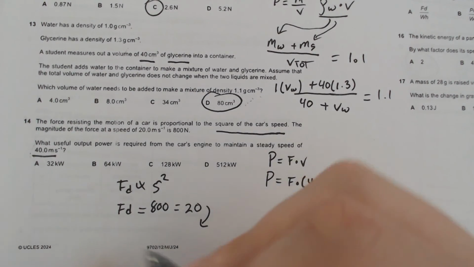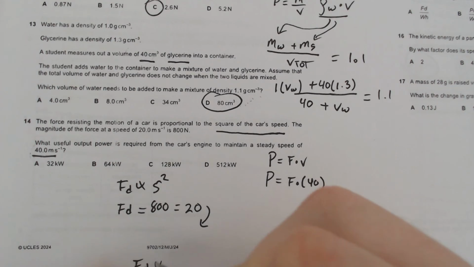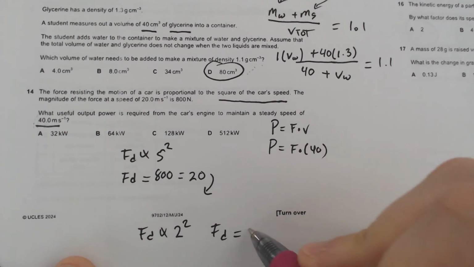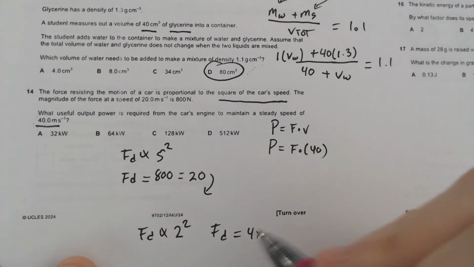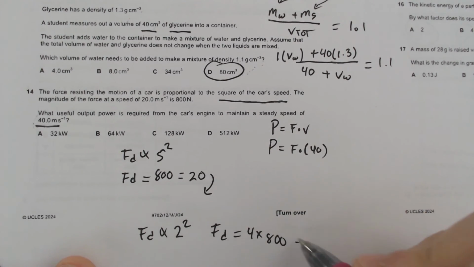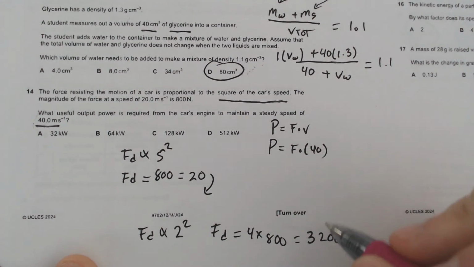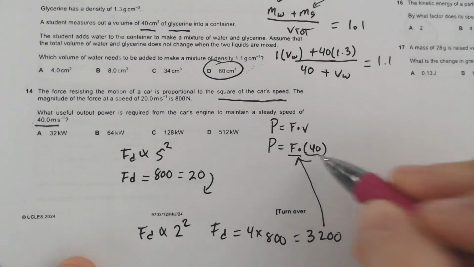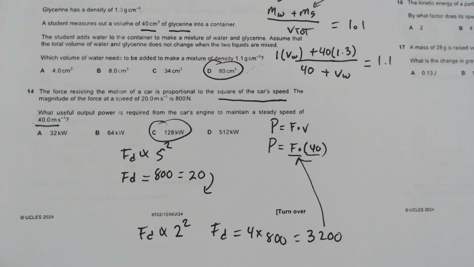And if you double the speed, the force of drag would be 2 squared, or 4 times what it was before. So 4 times 800 is 3,200. That part can get plugged in for the force. You multiply 3,240, you get 128.